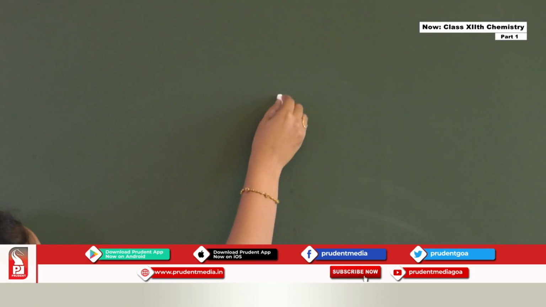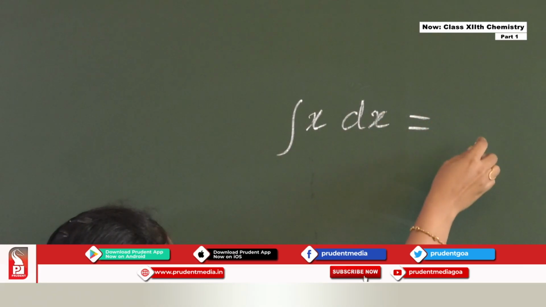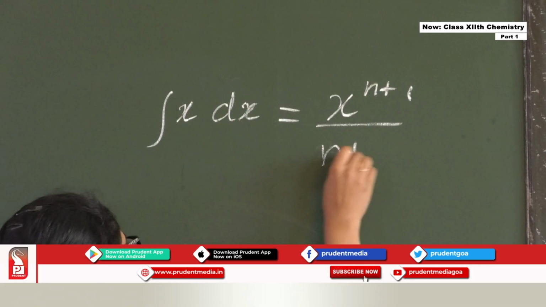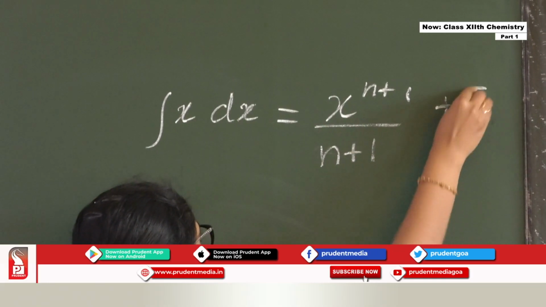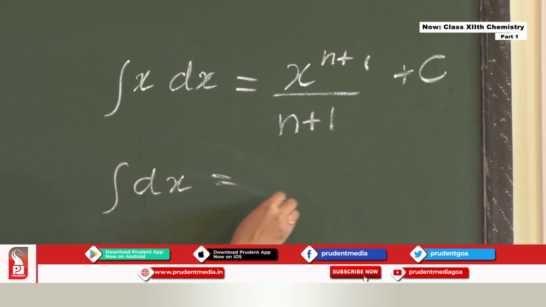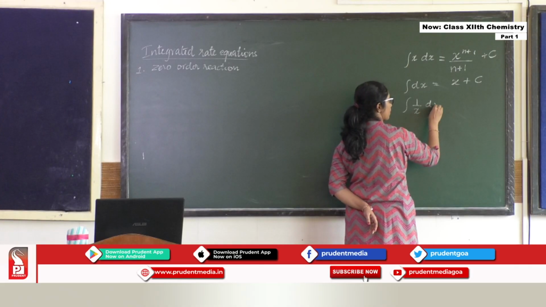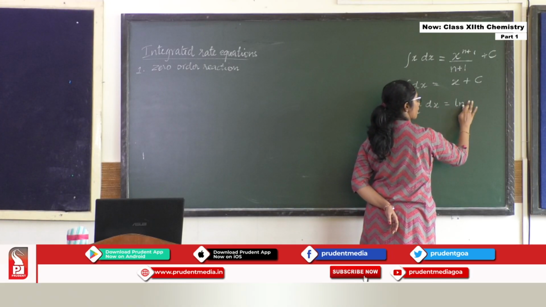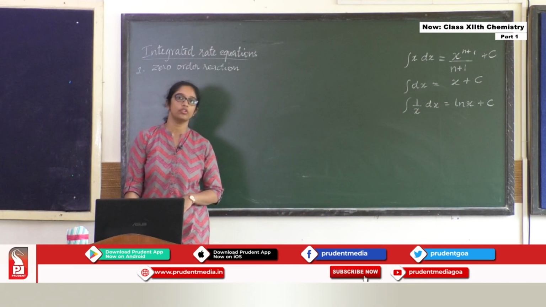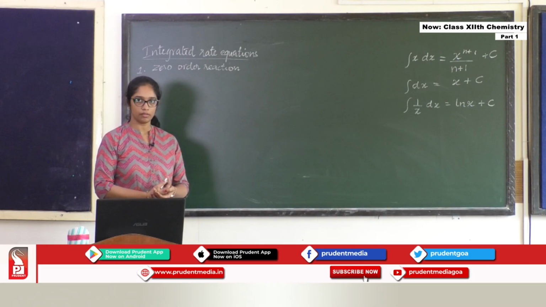Integral of x^n dx is given as x^(n+1)/(n+1) plus c.